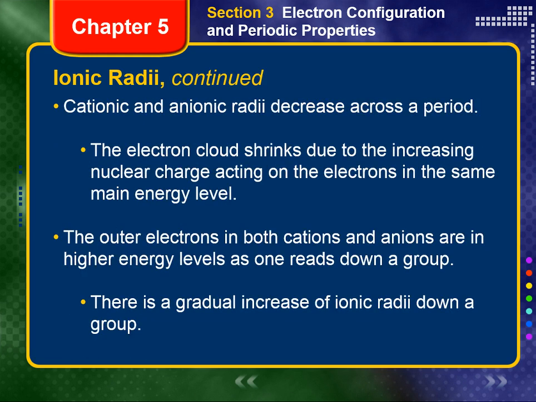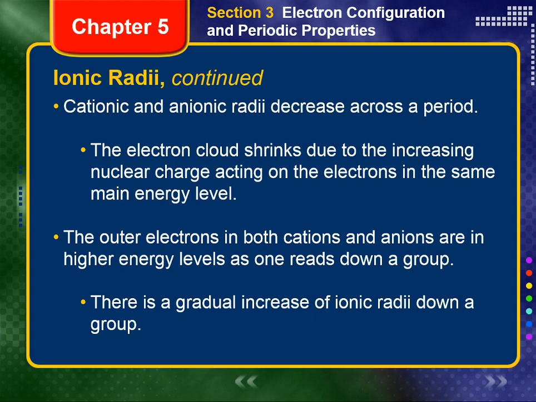Period trends. Within each period of the periodic table, the metals at the left tend to form cations, and the nonmetals at the upper right tend to form anions. Cationic radii decrease across a period because the electron cloud shrinks due to the increasing nuclear charge acting on the electrons in the same main energy level.